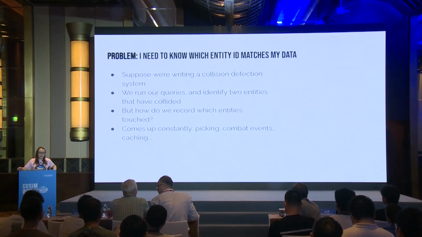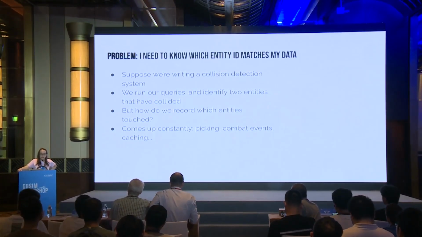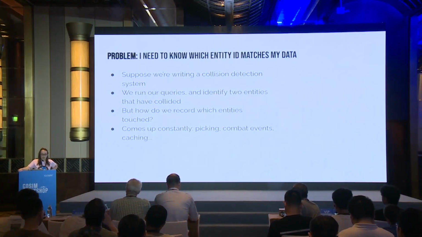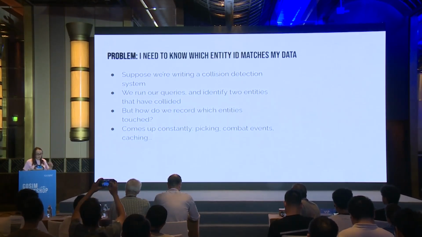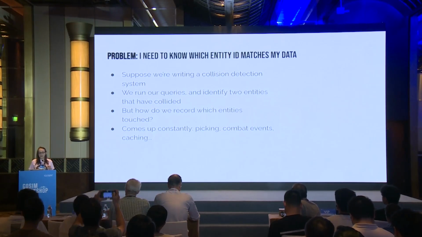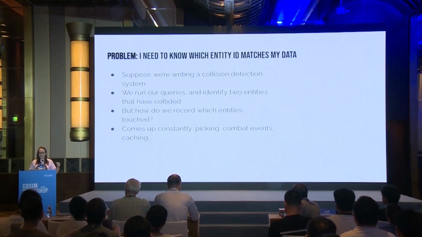So here's a pretty simple problem. Suppose we're writing collision detection, and we run our queries. We have two entities that have collided. And how do we know which entities those were?